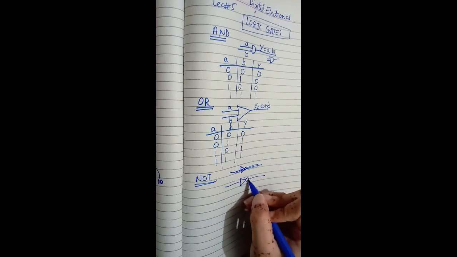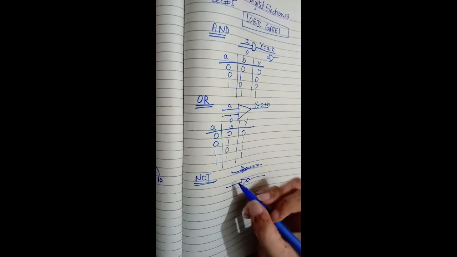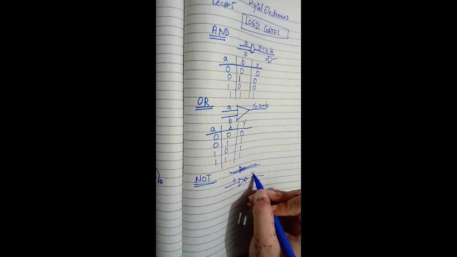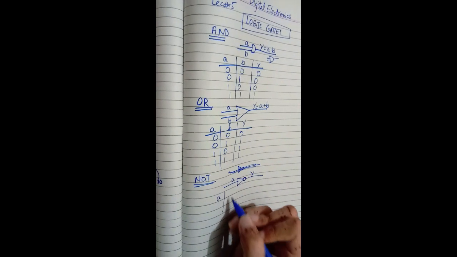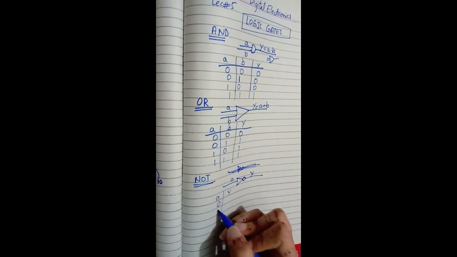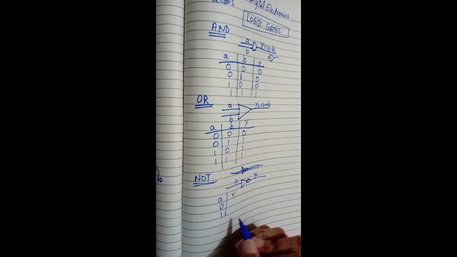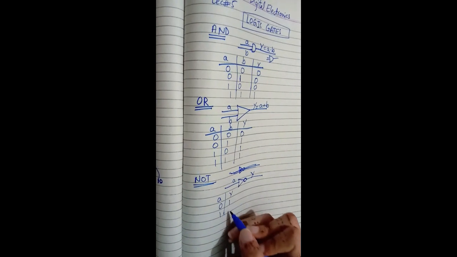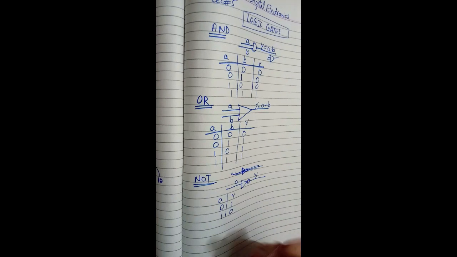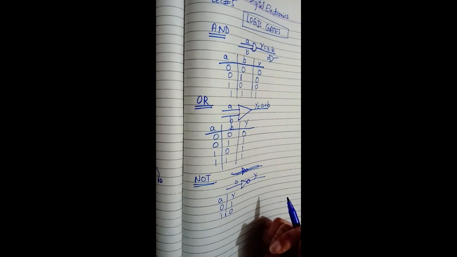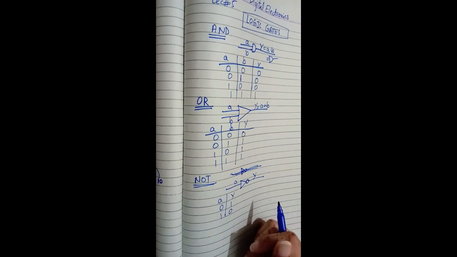This is basically the symbol of conversion. Input is A, output is Y. Input says 0 or 1. The final result we will have is its opposite, 1, 0. It will basically just convert our input. If it's 0, it will be 1. If it's 1, it will be 0.